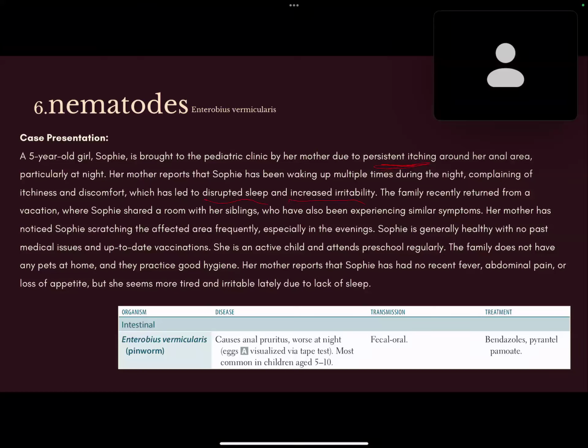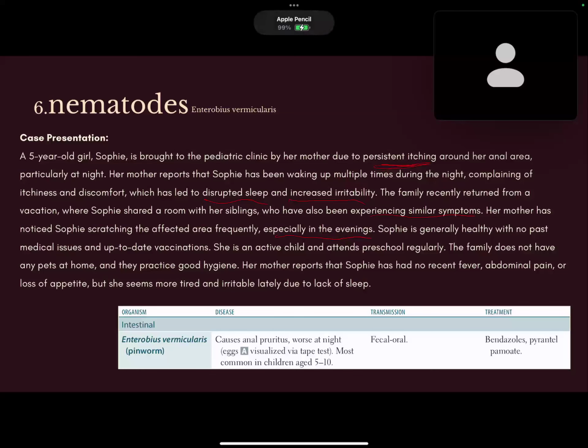Family recently returned from a vacation where Sophie shared a room with her siblings, who have also been experiencing similar symptoms. So probably shared a room because of the bedsheet thing. Yep. Her mother has noticed Sophie scratching the affected area frequently, especially in the evenings. Sophie is generally healthy with no past medical issues and is up to date with vaccinations.